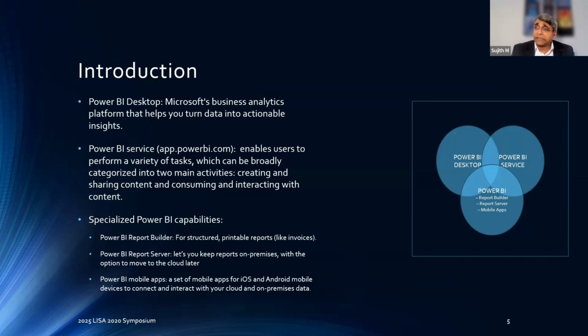Likewise, there is the mobile authoring layout in the Power BI desktop. I'm happy to show that during a demonstration. But in case you want to leverage that piece, you would also need a companion Power BI mobile application so that you can display these mobile-friendly versions of the report. Now, in this tutorial, we are going to focus largely on the Power BI desktop and a little bit on Power BI service, but the rest of it is out of scope.